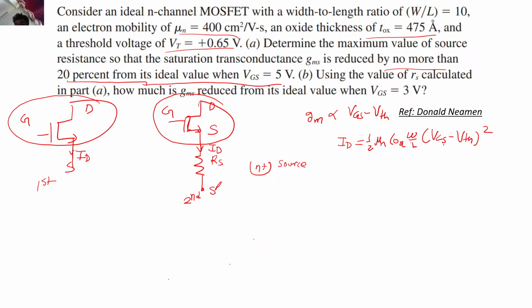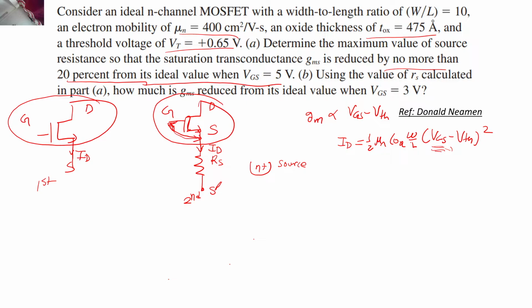This VGS that you are seeing is the VGS of this MOSFET. The MOSFET doesn't care what resistances are present outside. It just wants whatever source voltage and gate voltage you apply to it, and it will give you that much current. So this VGS is nothing but this GS, not the GS dash that you will be putting here.